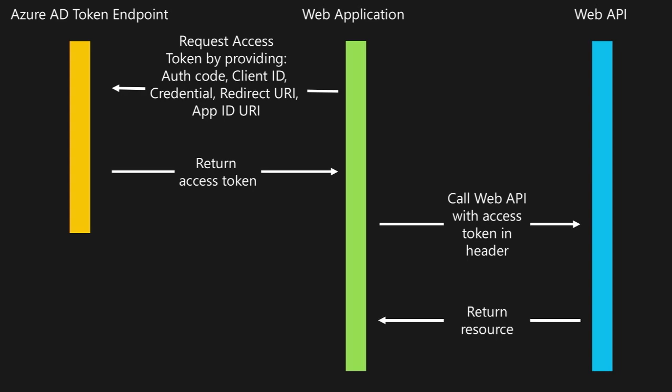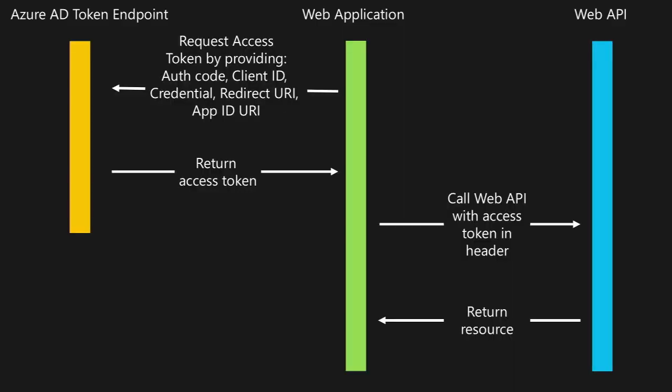Why is this such an elaborate scheme? This is because it's not using a service principal for the authentication. It's combining the service principal and the user authentication to make an authenticated call to the web API.